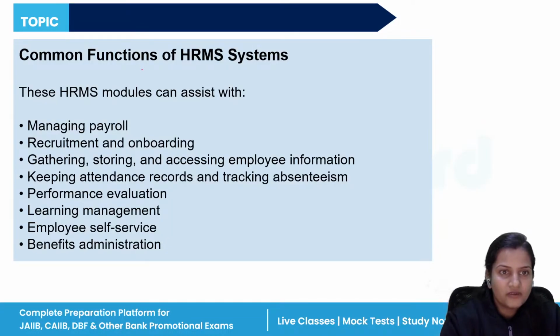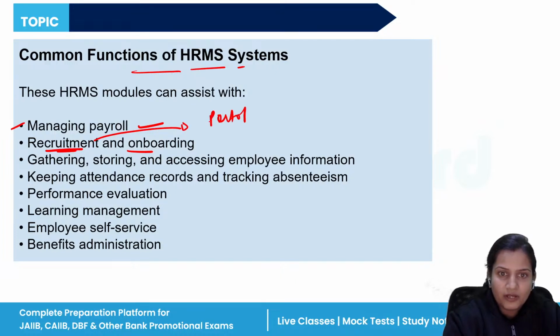So what are the common functions of a human resource management system? First, managing payroll of human resource. For this we need a good software, a good IT, when we are doing recruitment and onboarding. For recruitment also, they will apply for vacancies on their portal, on a different portal. They will highlight their vacancies, people will see them and apply.